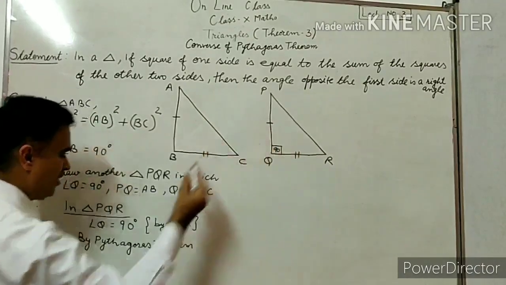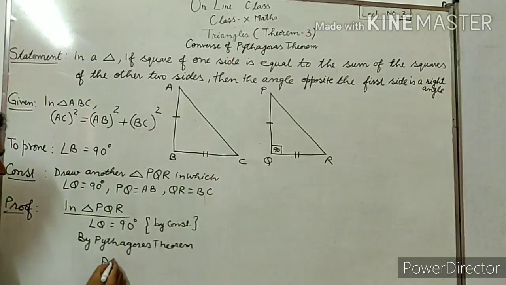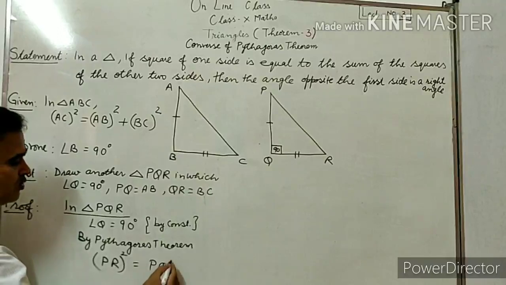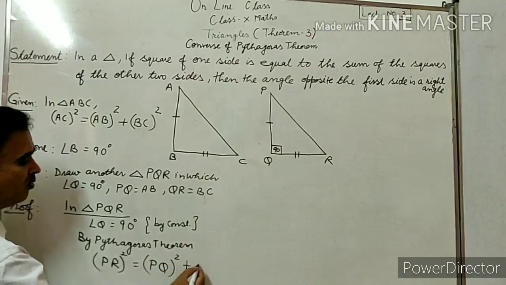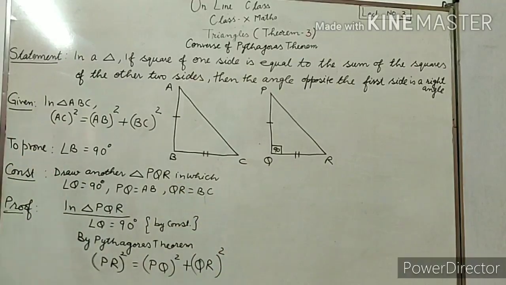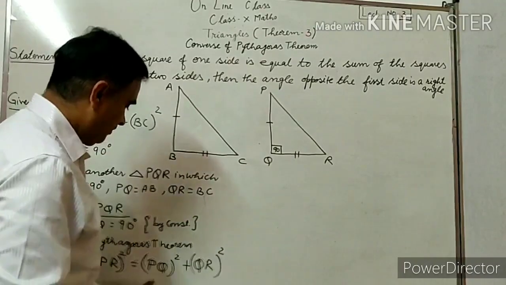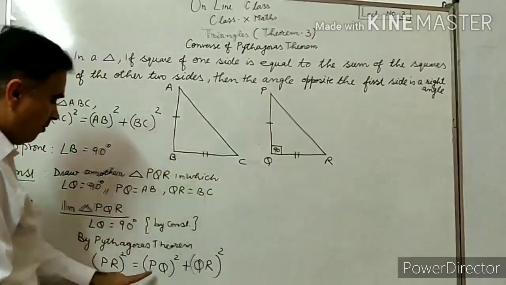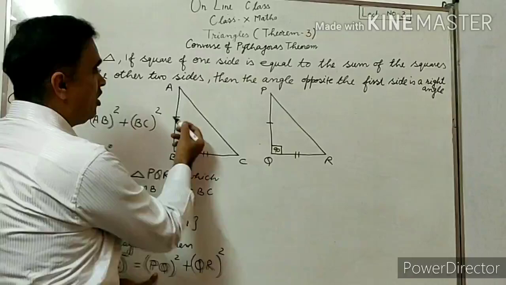This is the hypotenuse: PR square equal to PQ square plus QR square. Got it? But this is according to Pythagoras theorem in this triangle. But PQ is equal to AB or not?